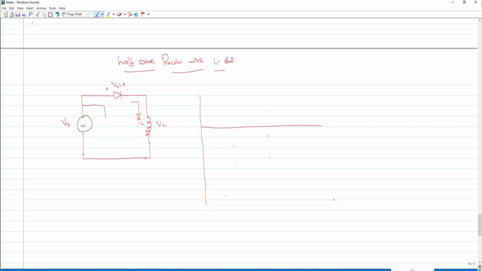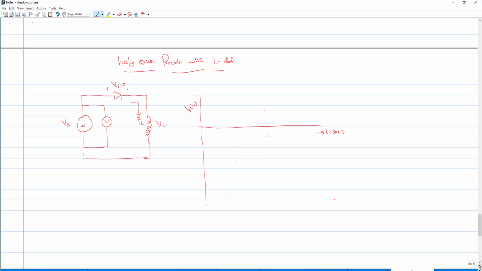To see the voltage waveform on the input side, I am connecting a voltmeter here, which measures the signal, and I'll see how the waveform looks. So this one I am taking as Vs, that is in volts. This axis will be the time, that is in seconds.